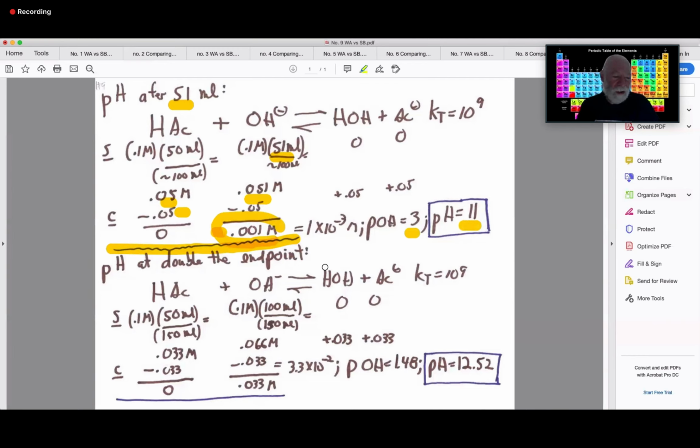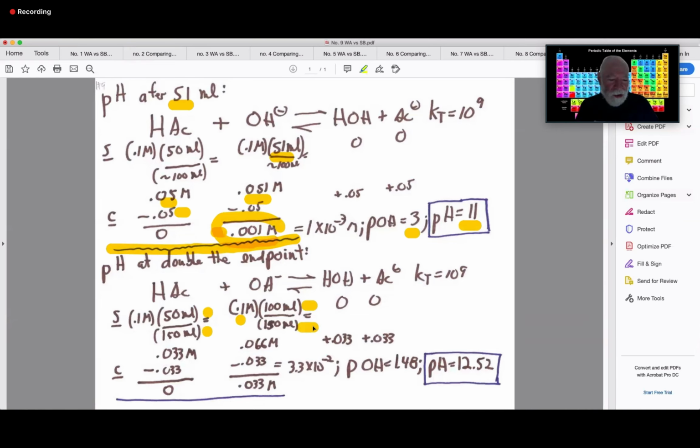Let's double the endpoint. So again, titration equation is given. Okay, we have 10th molar, 50 milliliters of the weak acid. 10th molar, now Berg wants you to add 100 milliliters of sodium hydroxide. So the total volume is 150 milliliters.